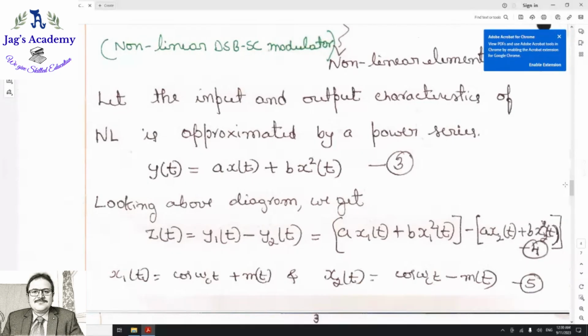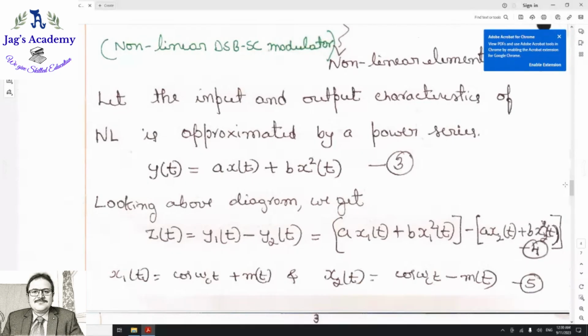Whenever you give an input to a nonlinear device, your output follows the square law, given by a into x of t plus b into x square of t.